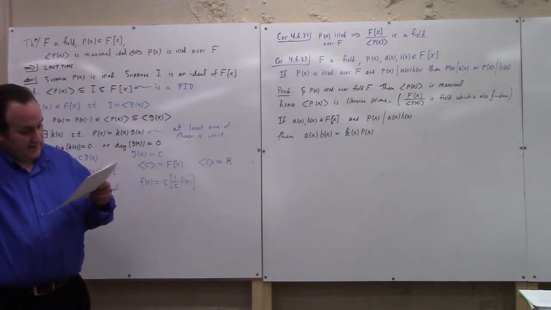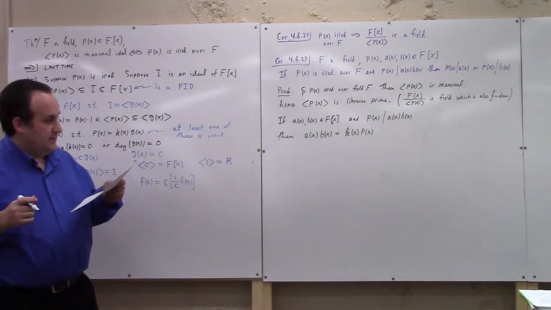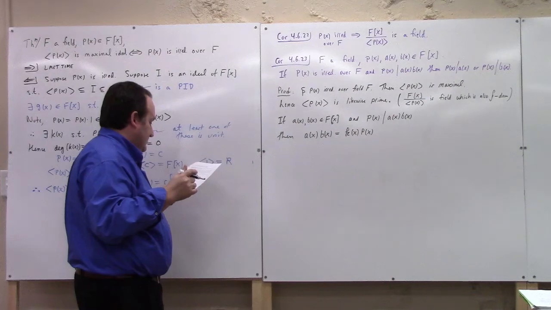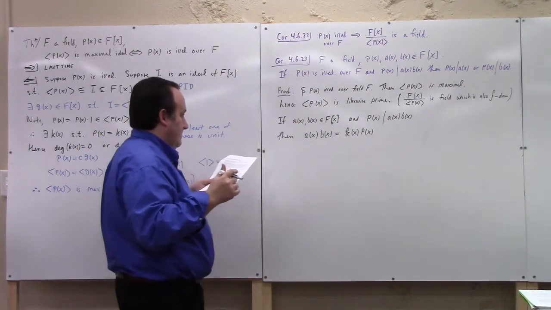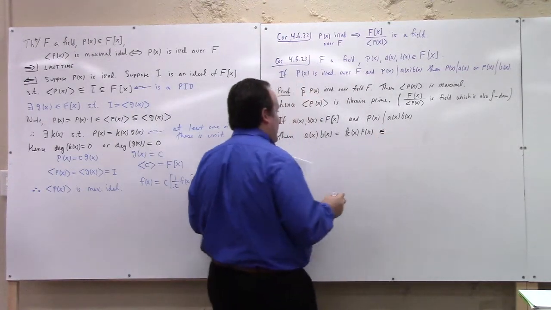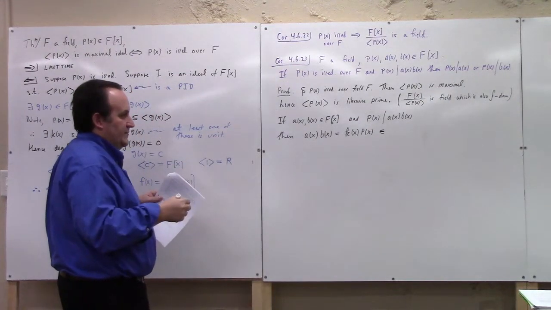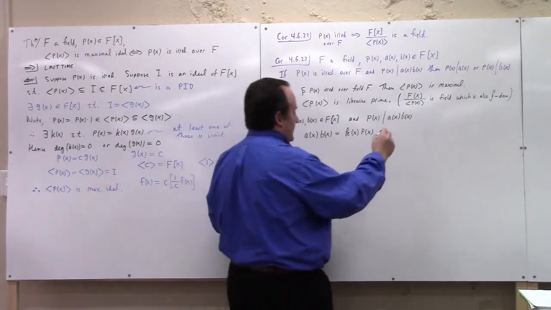So this is an element of what? Well, the ideal generated by p of x is prime, and the product is inside the ideal generated by p of x.